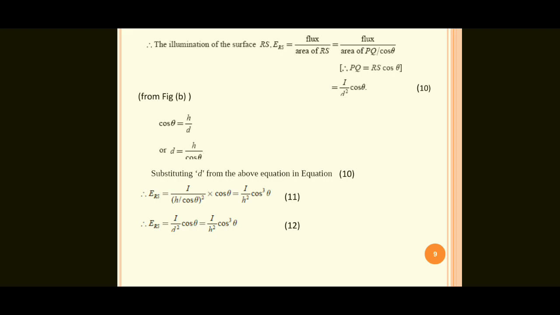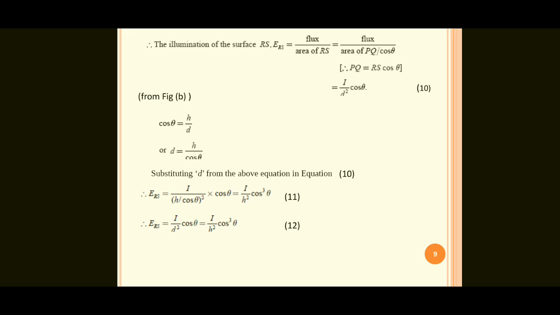Now substitute d. The value ERS equals I by d, with d as h by cos theta. So substitute in equation 10: I by h by cos theta whole square into cos theta.